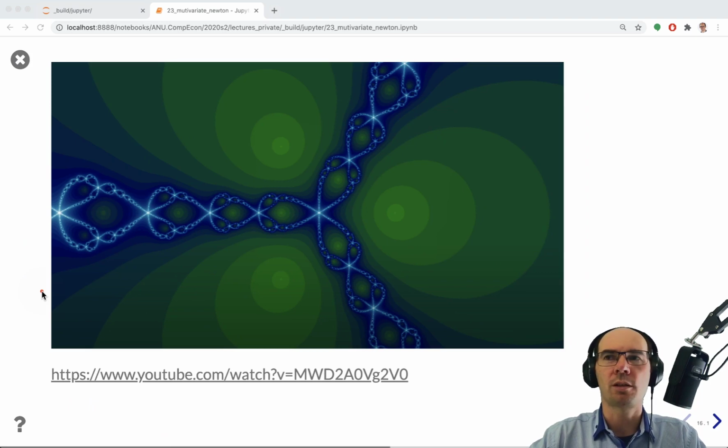They are the points which are outside of the domain of attraction. And the fractals arise very naturally because, as we saw in the simple one-dimensional example, it could be that because of the shape of the function, Newton method is thrown into some completely different area of the parameter space, which could happen to be in the domain of attraction.